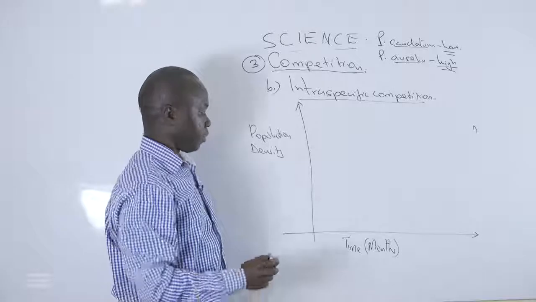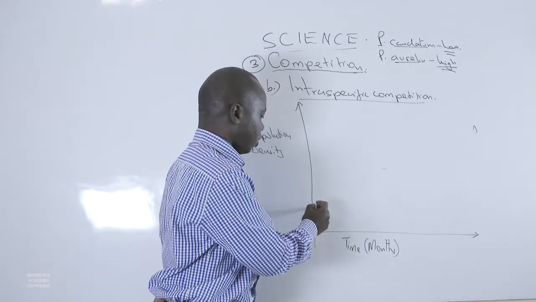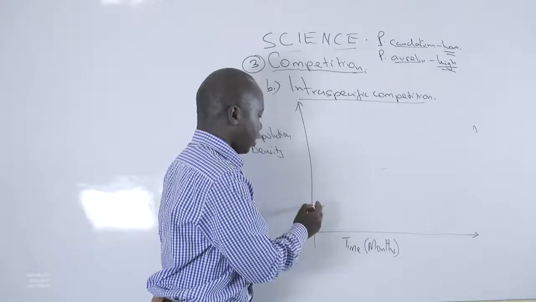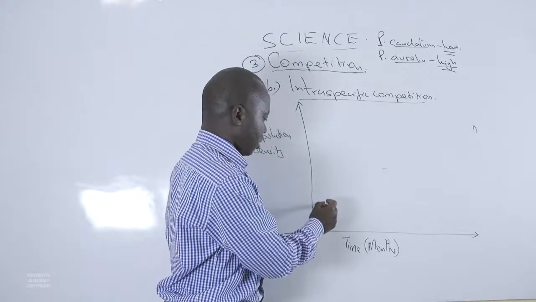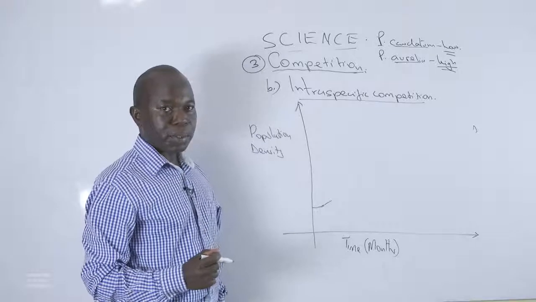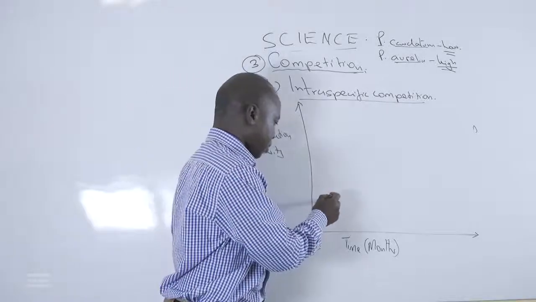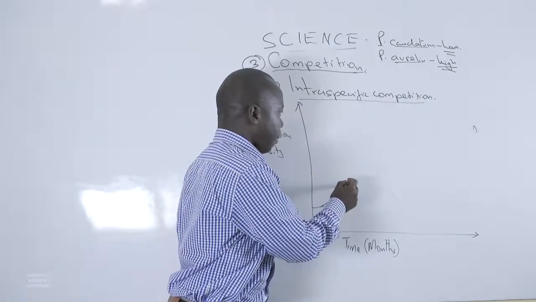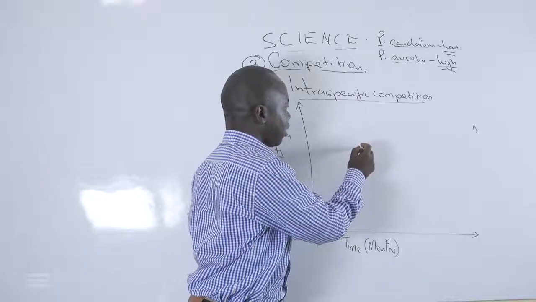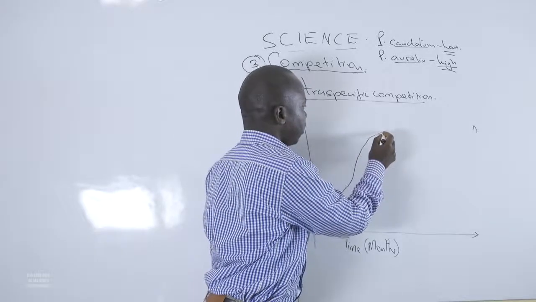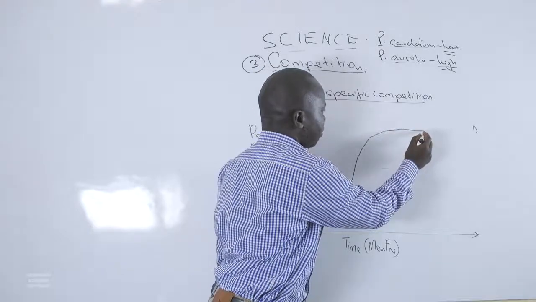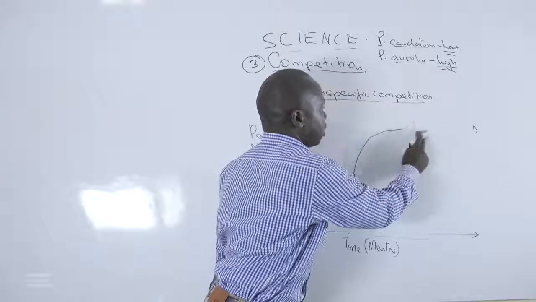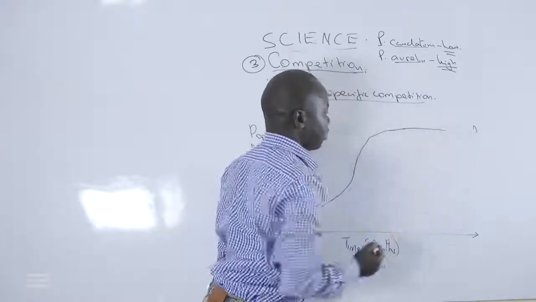Then there will be slow growth at first because there are fewer organisms, and they are not well adapted to the ecosystem or their habitat. But now they'll increase faster, exponential growth, log phase, then a phase of slow growth, and then it becomes constant.